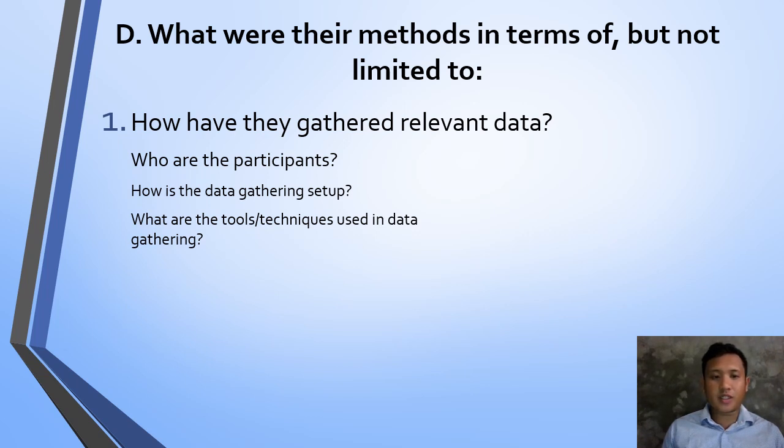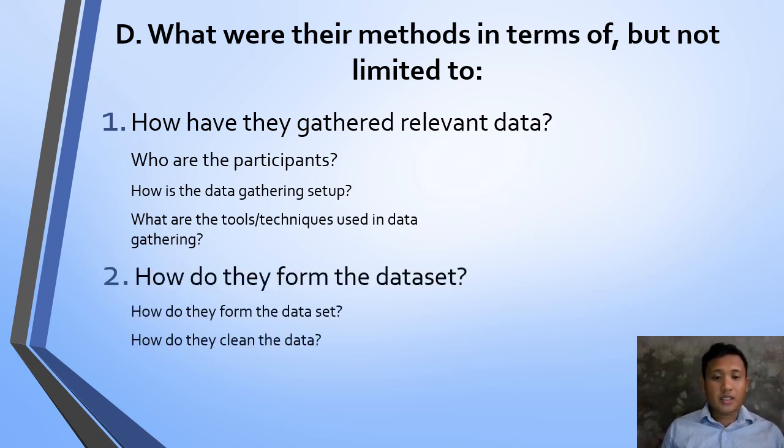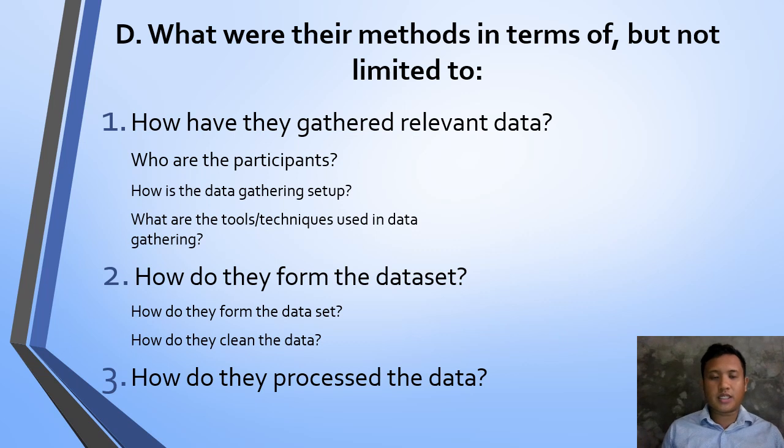In this particular sense, we are referring to who are the participants, how is the data gathering set up, and what are the tools or techniques used in data gathering. Number two, how do they form the data set and how do they clean the data? And number three, how do they process the data? So let's dig into that.